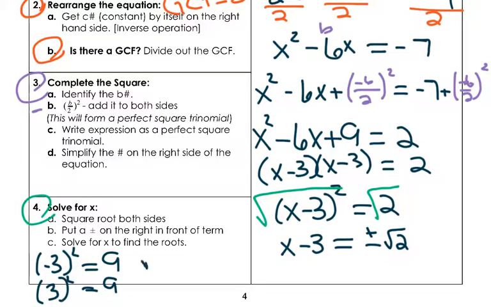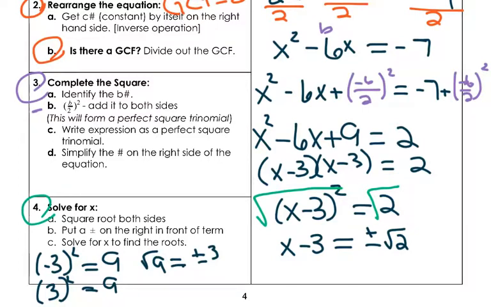So if I ask you what the square root of 9 is, what number multiplied by itself would give me 9, well, I could say it's either positive 3, or I can even say it's negative 3, because either of them, if I square, it's still going to give me 9. So when we're going back to the problem over here, when we are taking a square root of a number, we want to say it's going to be either a positive answer or a negative answer.